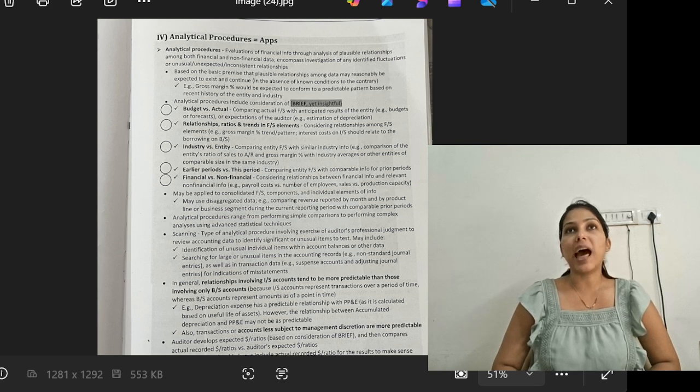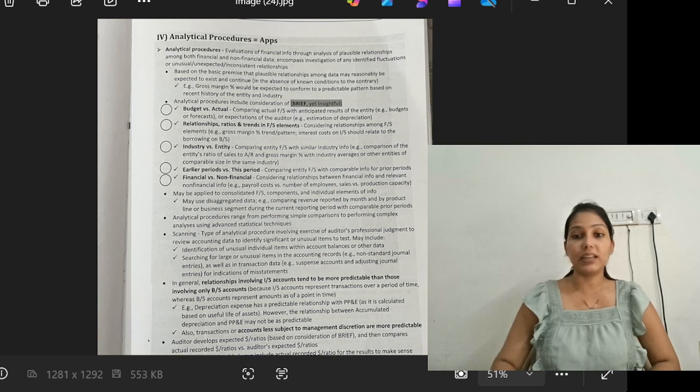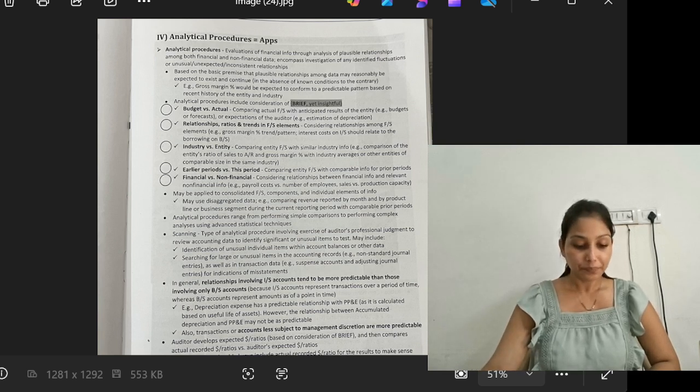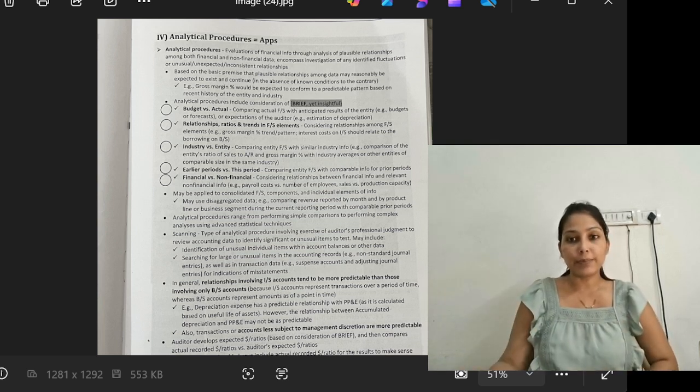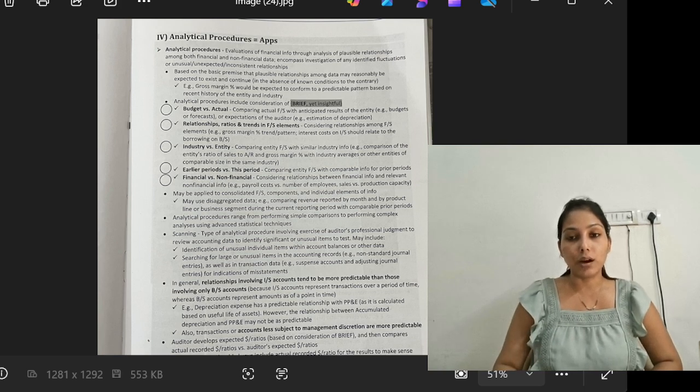So it is basically identifying the variances, unexpected relationships, unexpected transactions, and any fluctuations observed in the current accounting reporting period. Analytical procedures include consideration of what is budgeted versus actual, and the difference between them, to understand the reason for that.